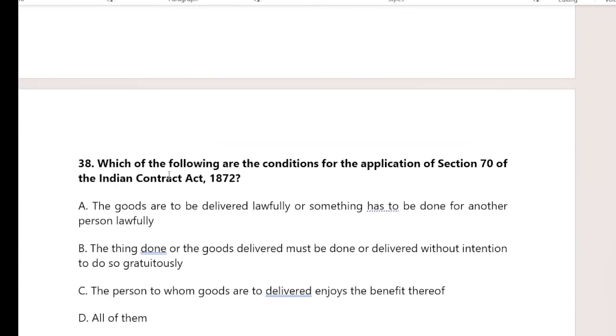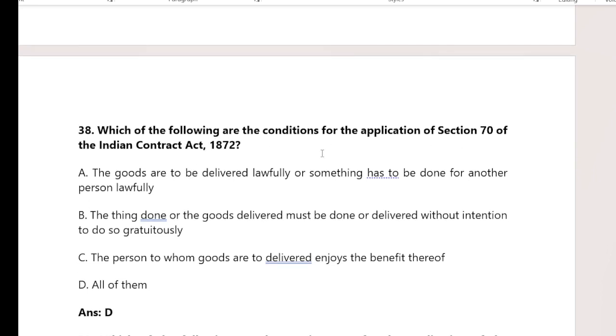And the next question is, which of the following are conditions for the application of section 70 of the Indian Contract Act 1872?